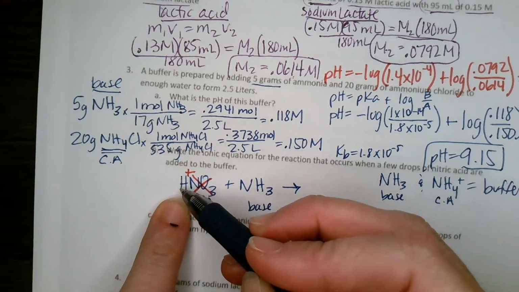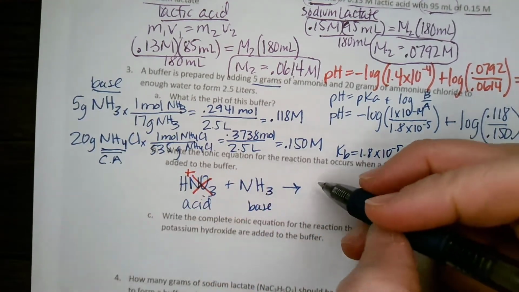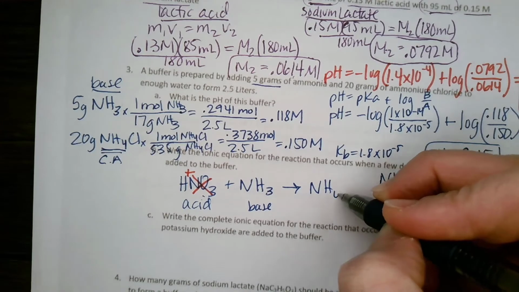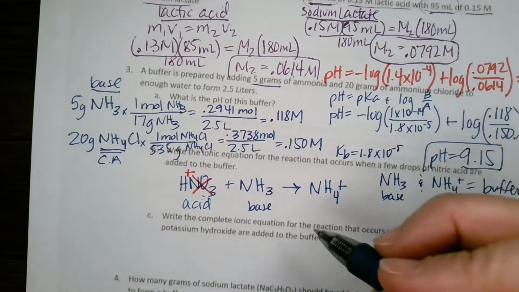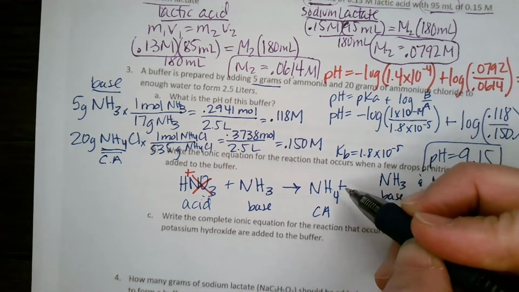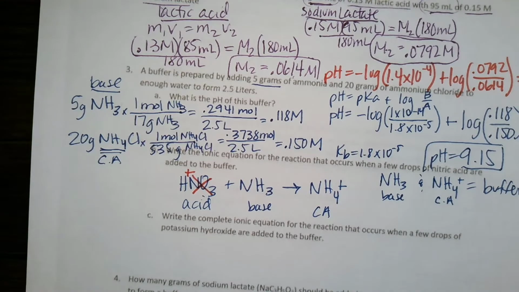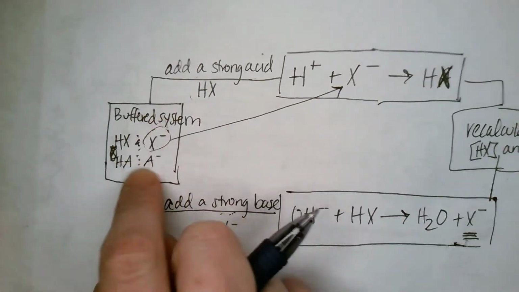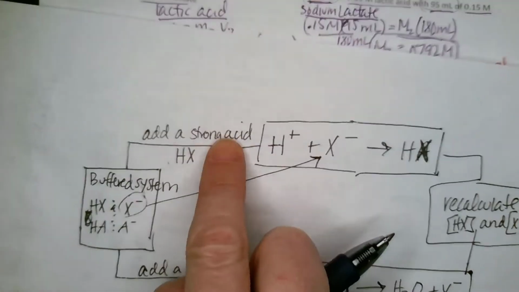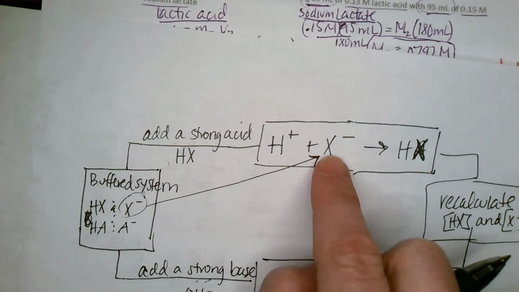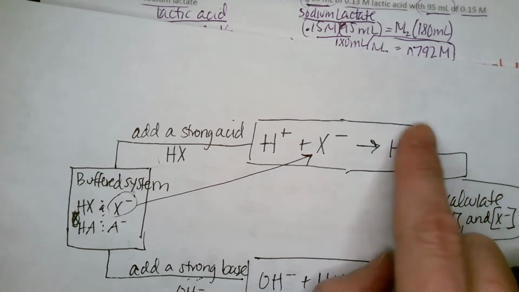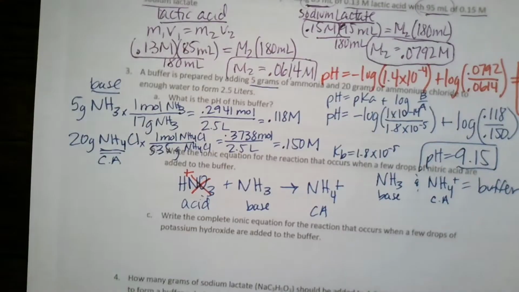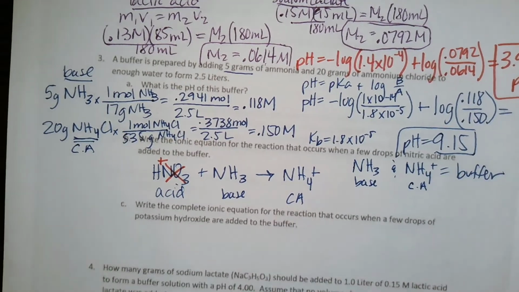So this proton donor is going to come over here and create NH4 plus, more of the conjugate acid. Remember, if we went back and looked at our diagram from the last notes, we have our buffered system. We're adding a strong acid. So we have our H plus reacting with the conjugate base to give us more acid. That's it.